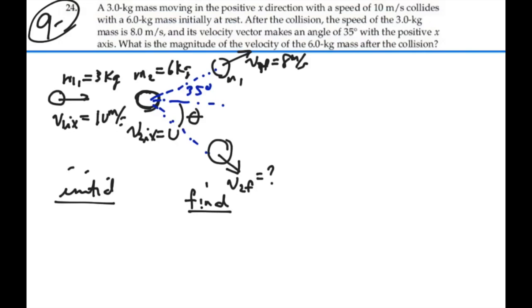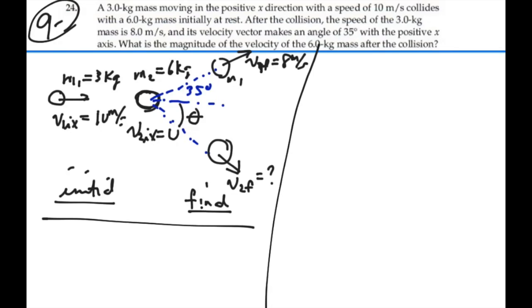Okay. Well, we're going to have conservation of momentum in any direction that we choose. So if we choose x and y, those are two directions where momentum should be conserved.